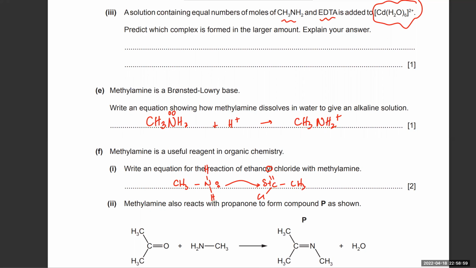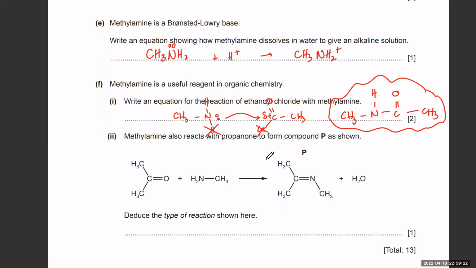The H and the Cl would be lost. They would end up forming HCl. And an amide or peptide link would be created between the C double bond O and the N. So that is your molecule that's going to be produced, and the byproduct would be HCl.